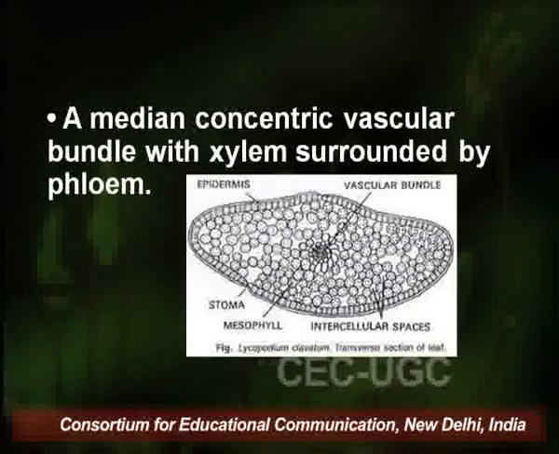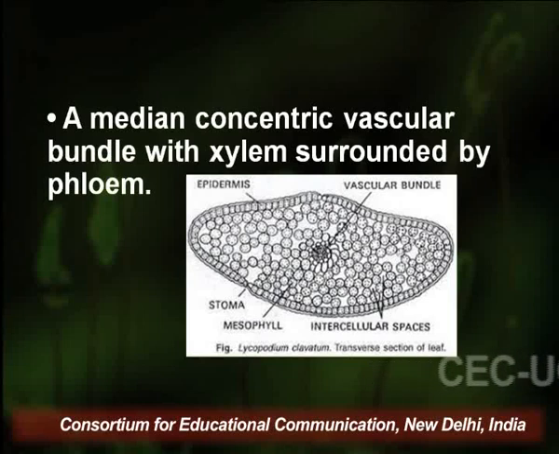The mesophyll in case of Lycopodium leaf is absolutely undifferentiated, and it is made up of chlorophyllous cells. These are the cells which are primarily responsible for the photosynthetic activity of the Lycopodium leaf.